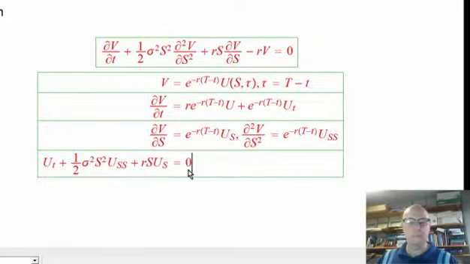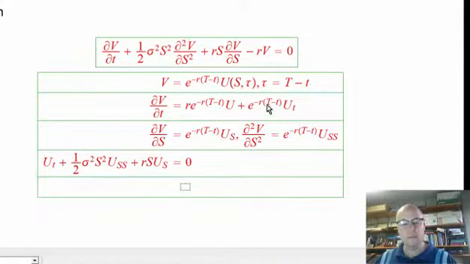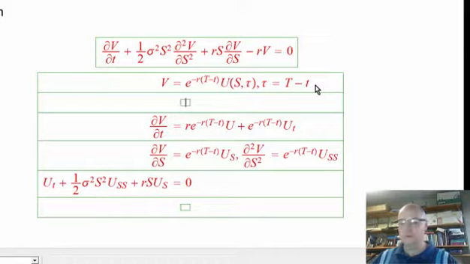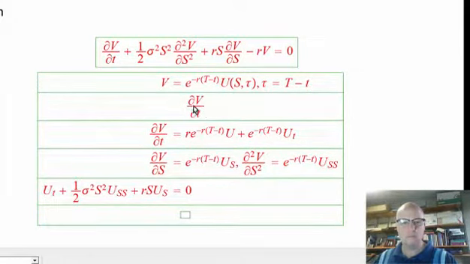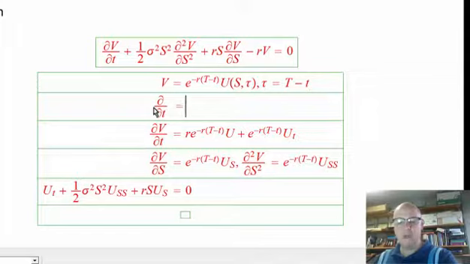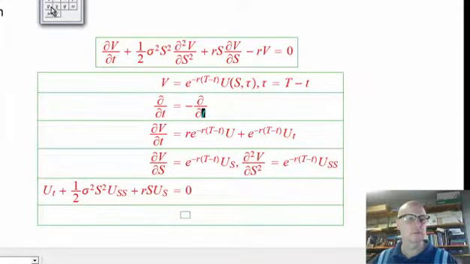Now let's take this t into consideration. Chain rule: differentiating anything with respect to t is the same thing as minus differentiating it with respect to tau. Remember, capital T is a constant.